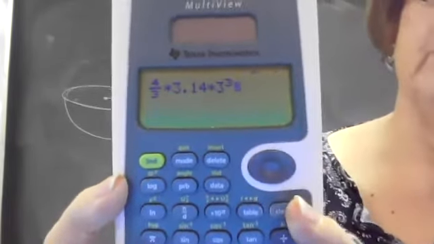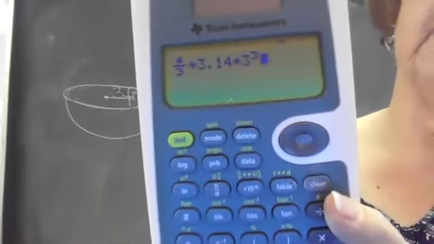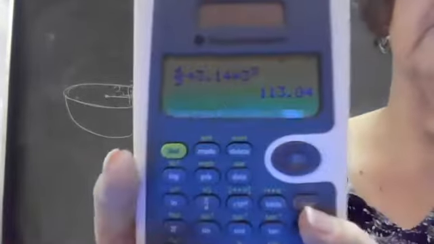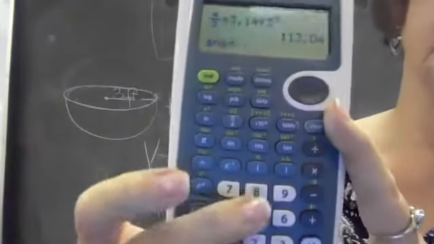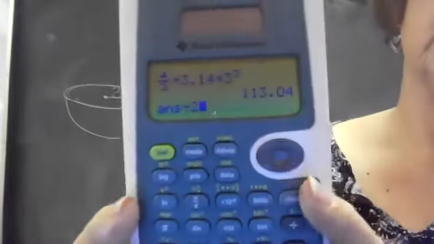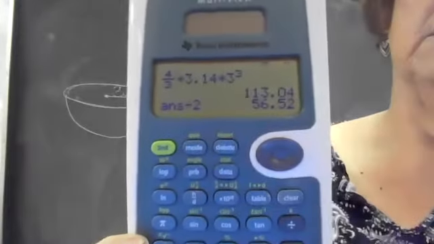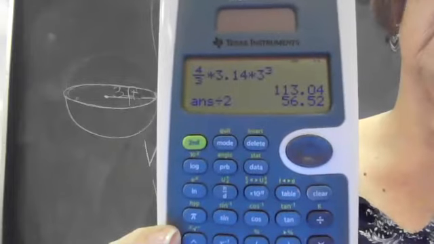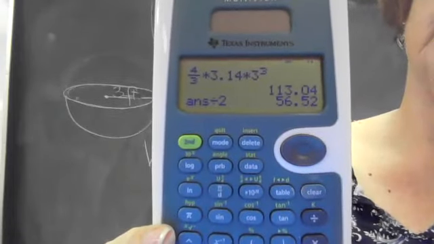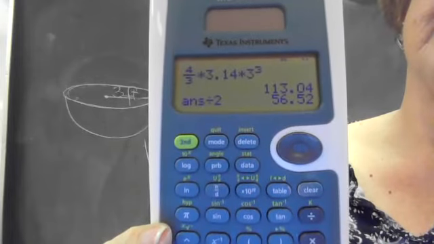What I would do, because it's kind of tricky sometimes, I would press enter and get an answer for the top, and then I would divide by 2, just to be careful. I would put the whole top in there, press enter, and then just divide that answer by 2. Okay. How's that sound? Sounds good.